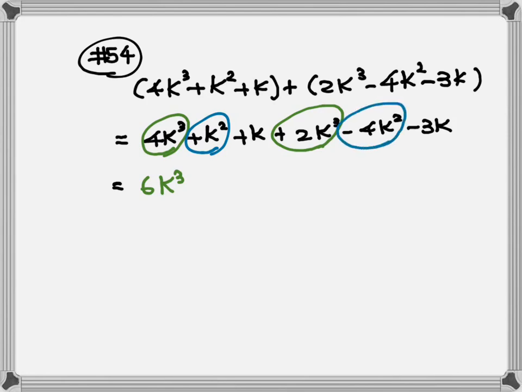Again, if you don't see a number in front of the variable, actually it's a 1. So 1 minus 4 will be a negative 3. Keep the k squared. Then the last one over here will be k plus k minus 3k. Again, nothing in front of the variable, that'll be a 1. So it'll be 1 minus 3, which will be a negative 2k.